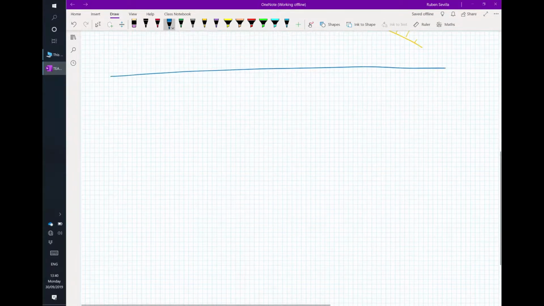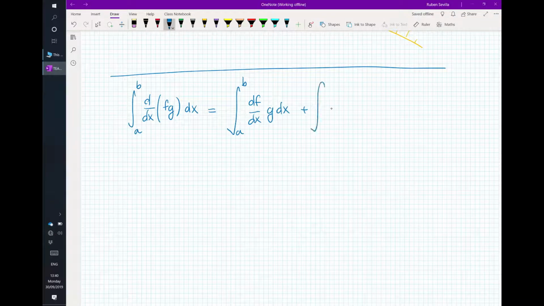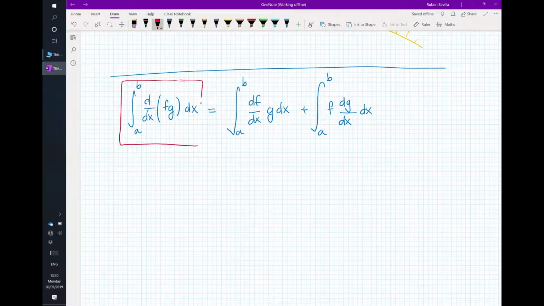So what I have is the integral of this derivative, fg, from a to b, or from xa to xb. The limits are really any numbers you can imagine, okay? Now, this one in here, the one on the left, what you have is the integral of a derivative, right?